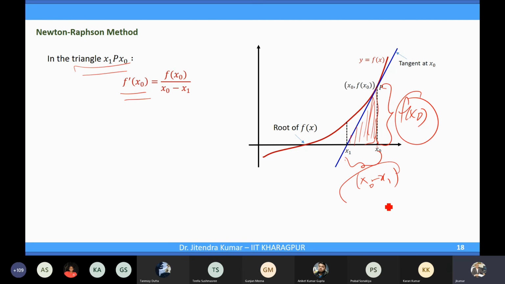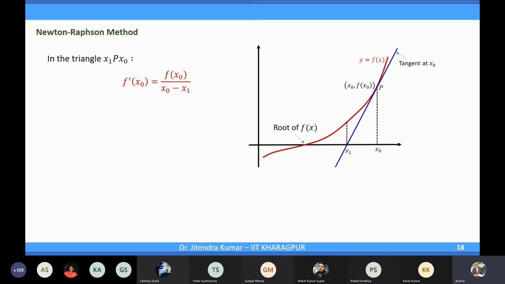This divided by this is equal to the tangent at the x0 point. That is the simple formula we know of the tangent. So f'(x0) = f(x0) over (x0 minus x1), and from here you compute x1. So x1 will come as x0 minus f(x0) over f'(x0).